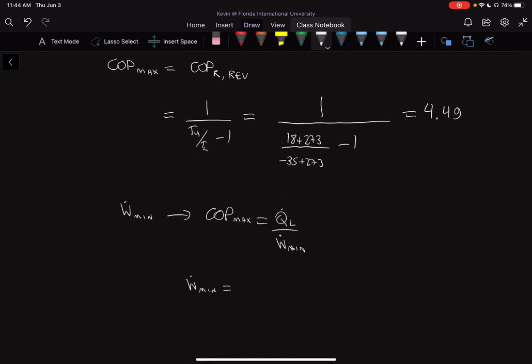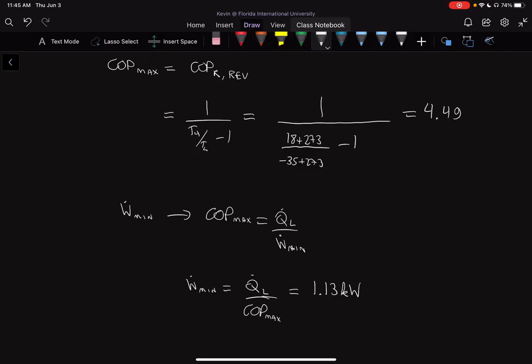So work dot min is just equal to Q dot L over the maximum COP of our system. That's going to give us the least amount of work to get to our maximum coefficient of performance. And we get that this is equal to 1.13 kilowatts. So if we put work at 1.13 kilowatts and we got the same Q dot out from our system, that means we would have the most efficient system possible.